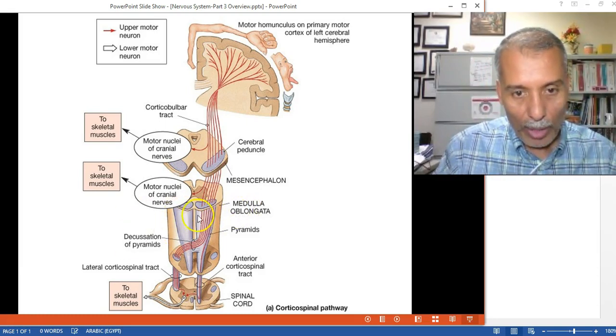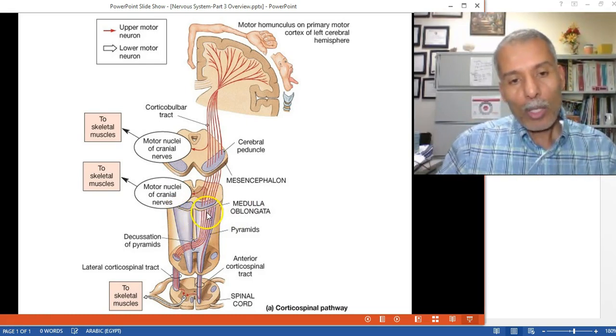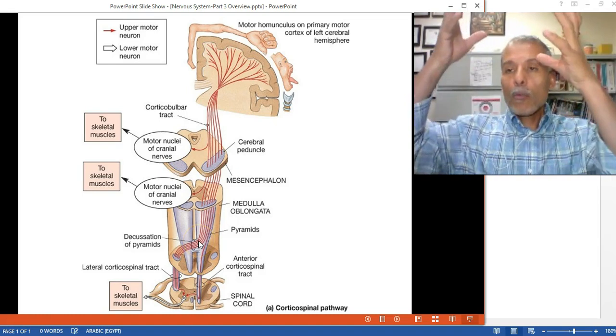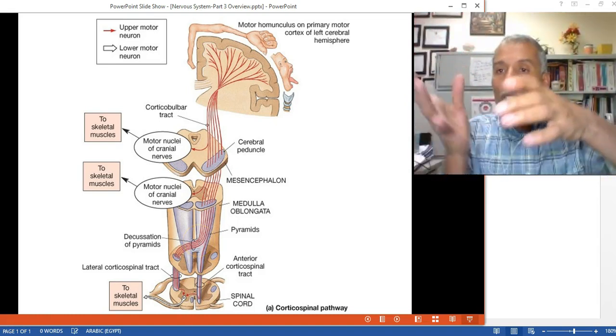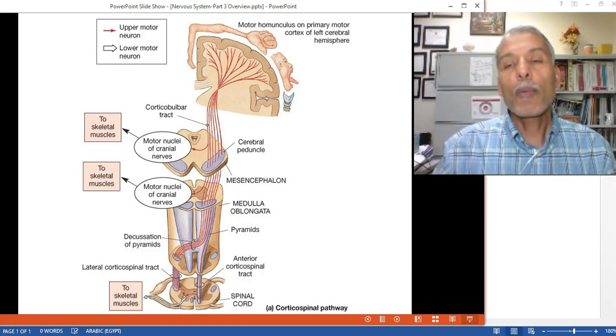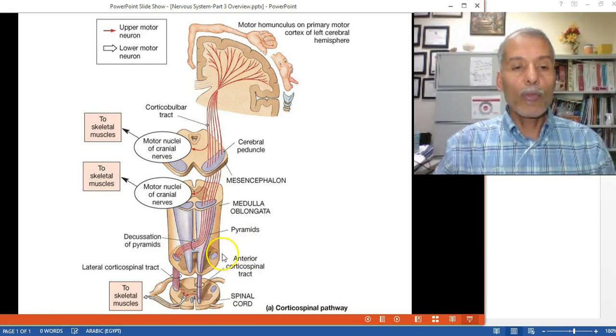At the lower segment of the medullary pyramids, towards the end of the medulla, most of the motor fibers from the pyramidal tract cross over to control the opposite side of the body, or we call it the contralateral side of the body.